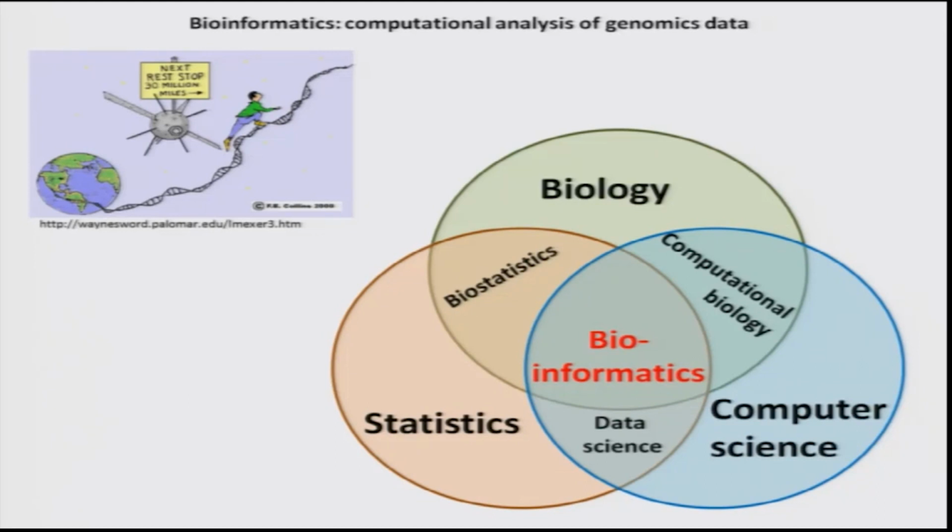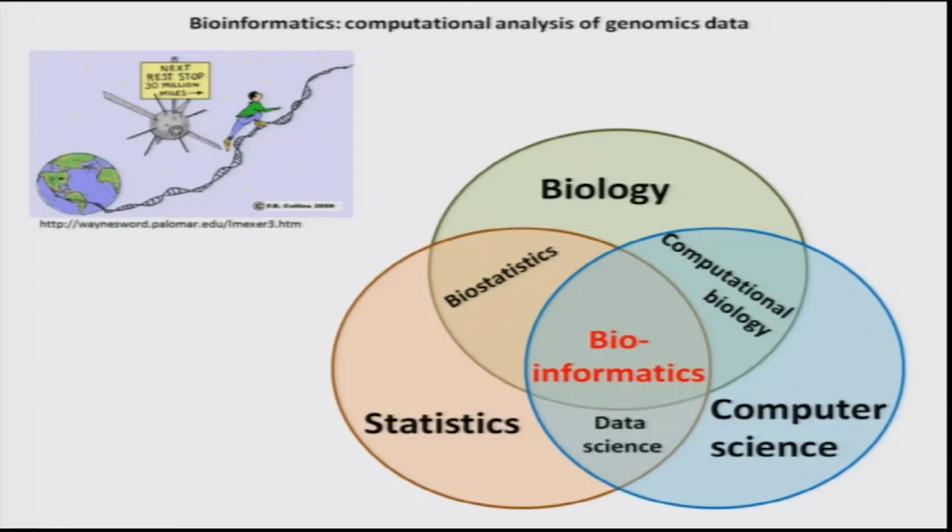Now we talk about bioinformatics as the computational analysis of genomic data. It could be DNA, it could be RNA and so on. So, it is a field with a specialization that falls between three major domains. Of course, one is biology, because these are biological data.